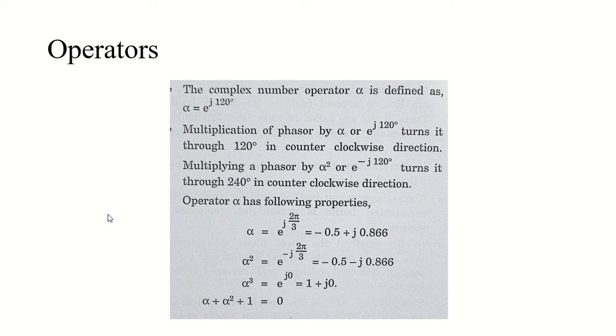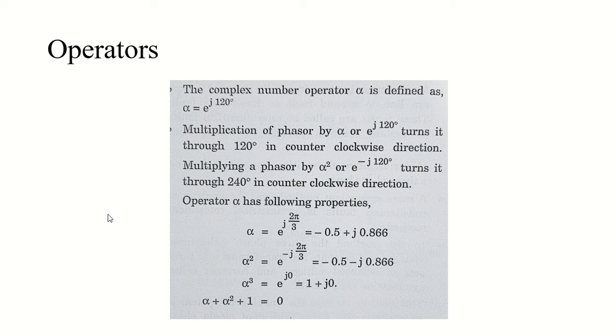Whenever you take alpha square, remember I told you that alpha is 120 degrees apart, so alpha square is 240 degrees apart. That means alpha cube is 360 degrees apart. And whenever something is 360 degrees apart, it means it is 0 degrees apart, because 360 and 0 are equal. So you can write alpha cube equals e raised to j 0, and anything raised to 0 will be 1. So alpha cube will be 1 plus j 0.